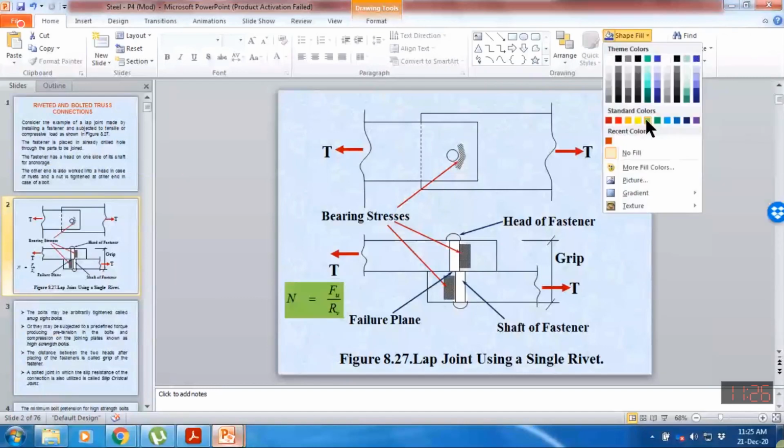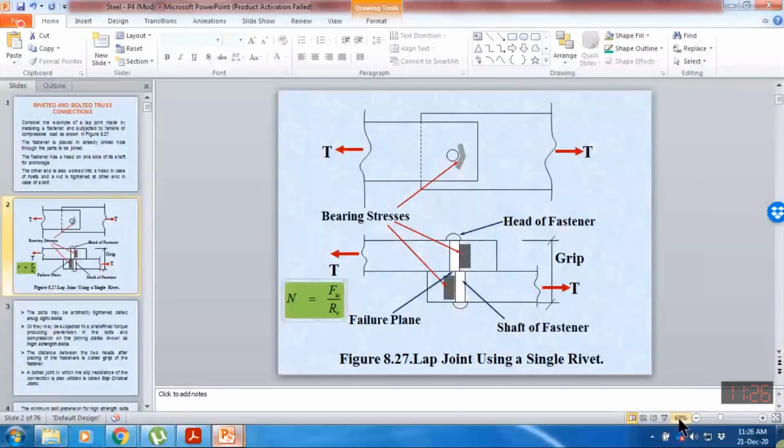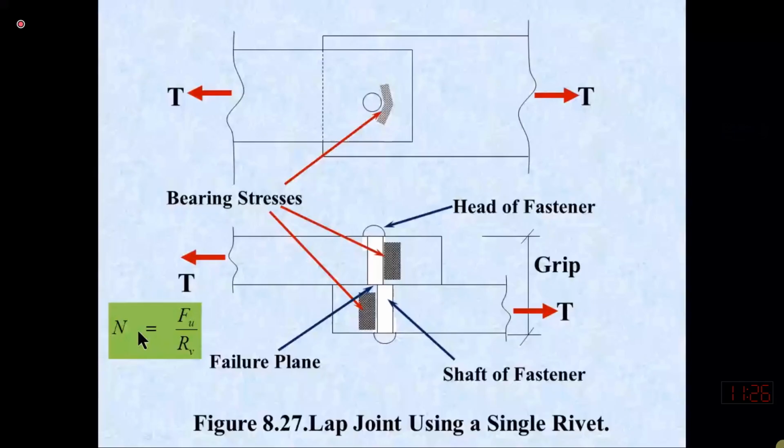The only thing is that we need to determine the RV value. The RV value is similar to RW. What was RW? RW was the weld value, or the strength provided by a unit length of weld.